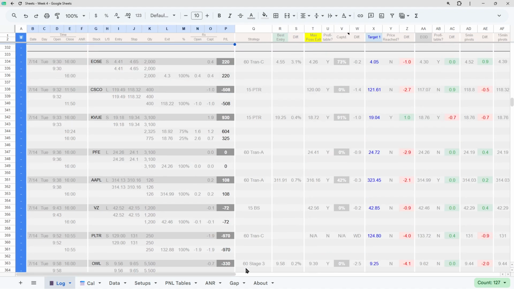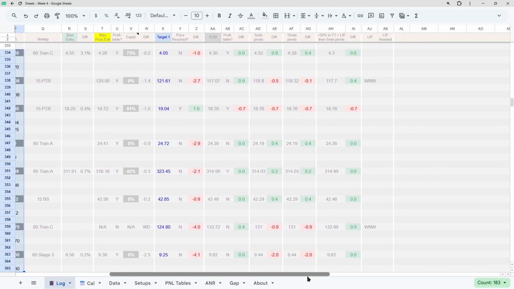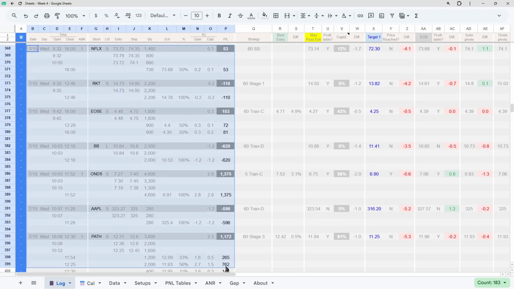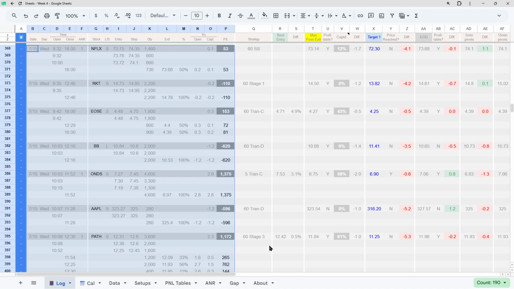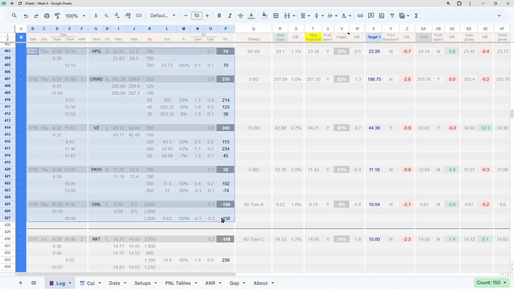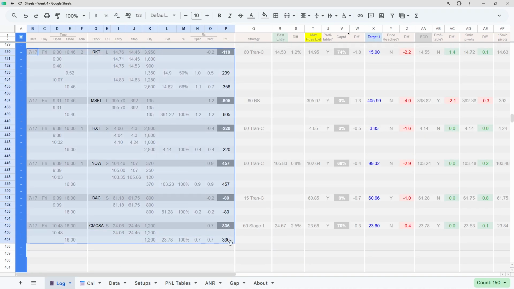My trades for Tuesday and the stats for those trades. This is now Wednesday. That is all my trades for Wednesday and my stats, my Thursday trades and their stats, and for Friday, these are my trades and these are the stats.